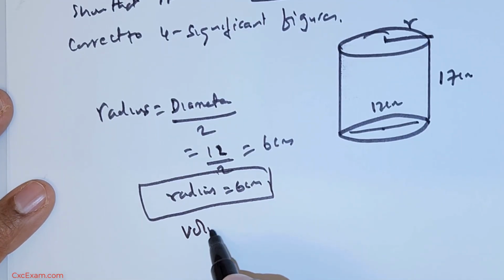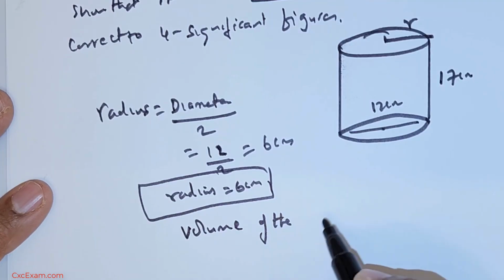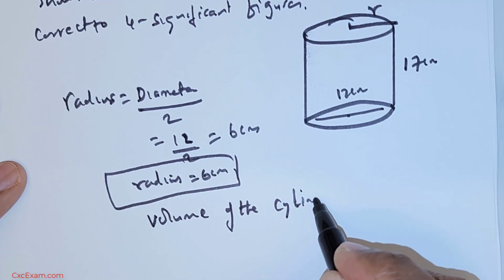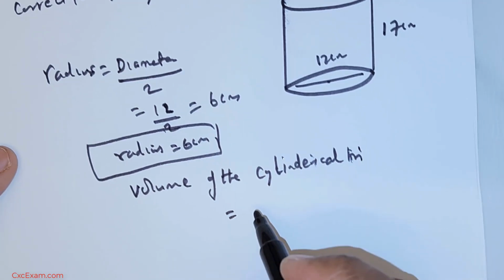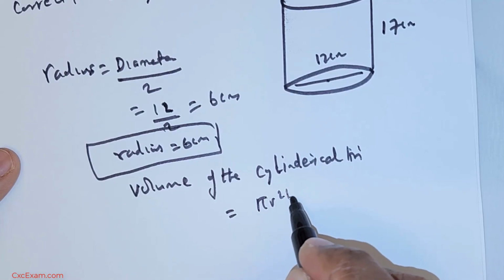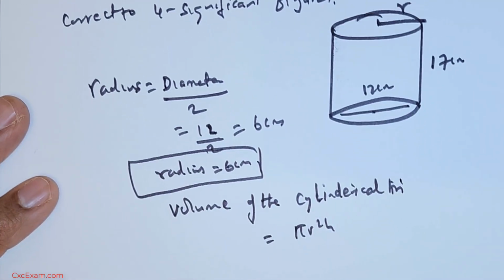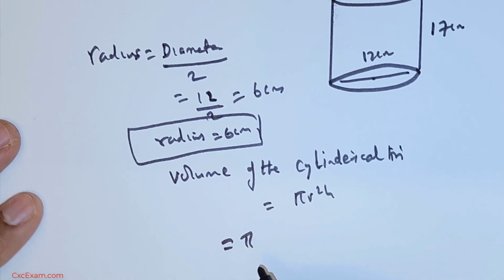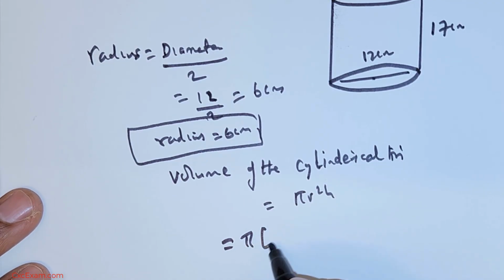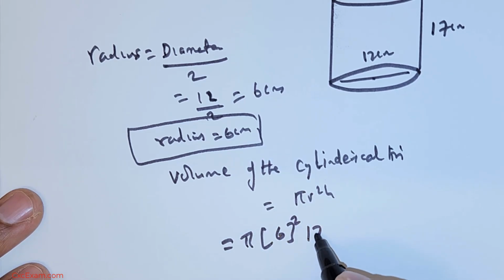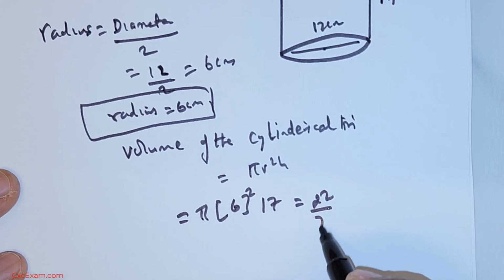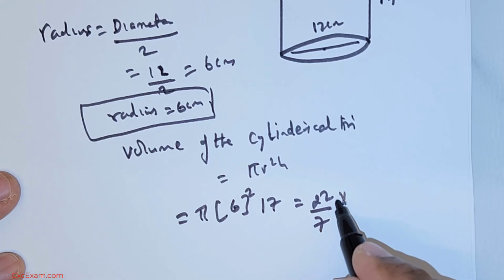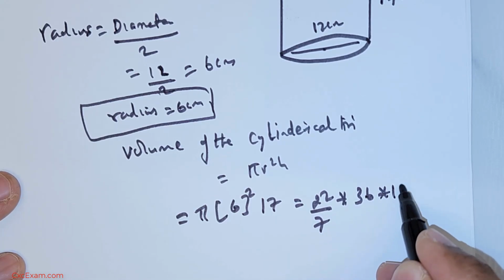Now the volume of the cylinder, what is the formula for that? The volume of the cylindrical tin is nothing but pi r squared h. Substituting the values, we have pi times the radius 6 squared and the height is 17 cm. The value of pi is 22 over 7, multiplied by 6 squared, which is 36, multiplied by 17.